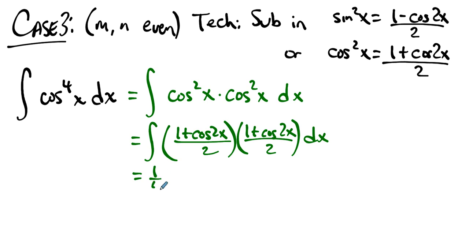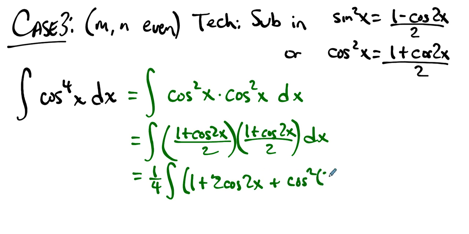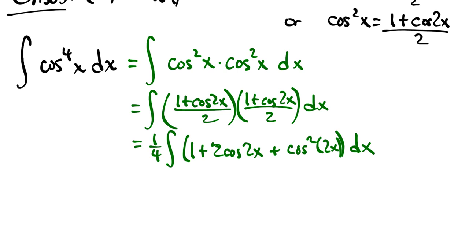And we'll just make things a little bit easier by factoring out the 1/4. And then this is binomial expansion. So you got a 1, you got a 2 cosine 2x, you got a cosine squared of 2x. And now we're thinking, wait a minute, this is okay. We can do this.